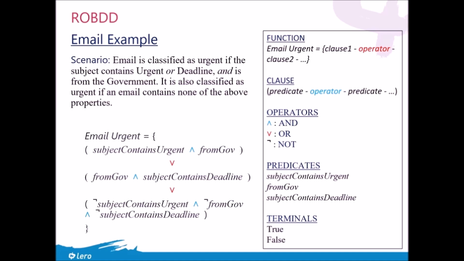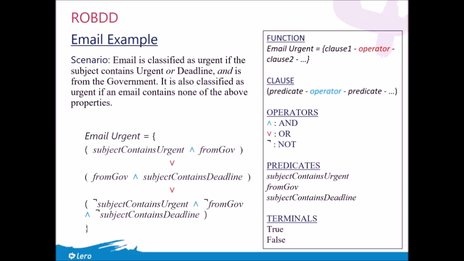Now why is this in red and this in blue? This operator represents this or here, so this joins clauses together. This operator joins predicates together, so this is represented by the blue here. So clauses are generally within the brackets, and the operators joining our clauses are outside the brackets.